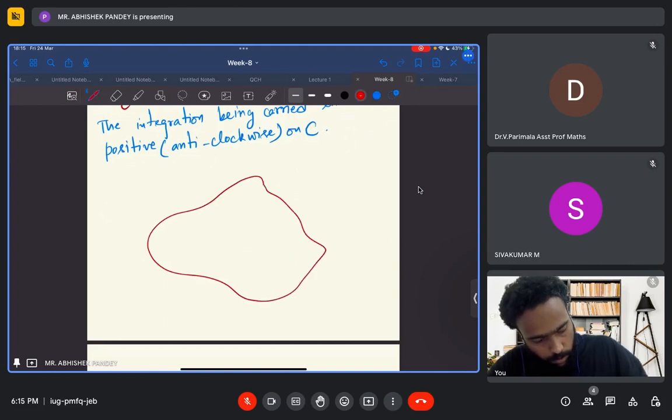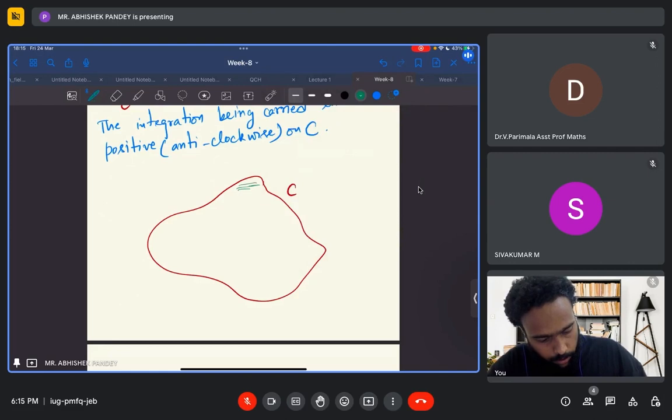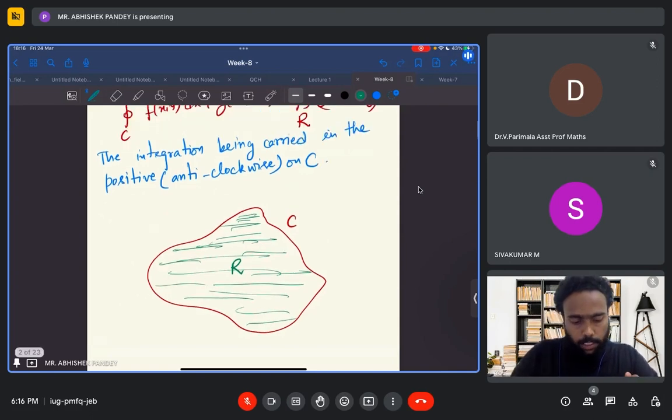This is your C and this is your domain R, enclosed by C. So basically the integral over C is converted to the integral over this region R.